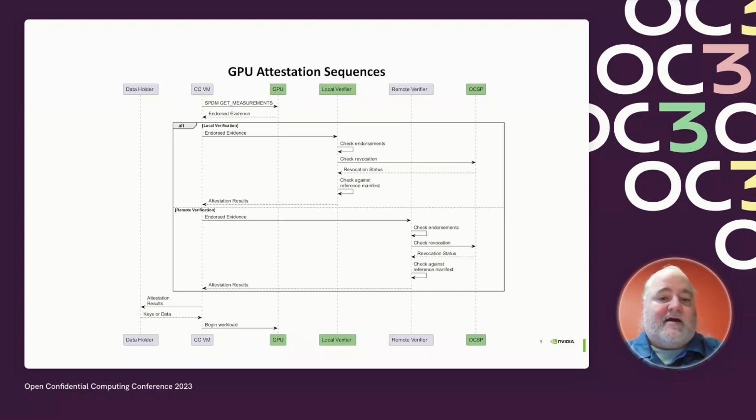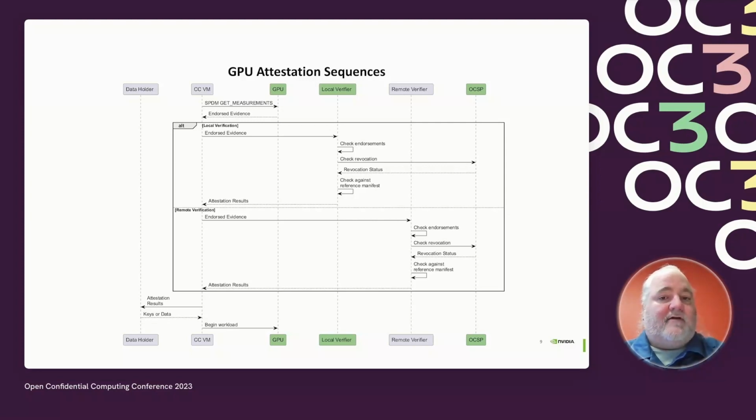So the remote verifier is very similar. The only difference now is I'm providing the data out to a remote verifier, and it's doing the same actions. It's just doing it remotely as opposed to being inside of the trusted VM. One of the things that's not shown in the diagram here is part of the get measurements call and the evidence call is there's a freshness nonce that's created.